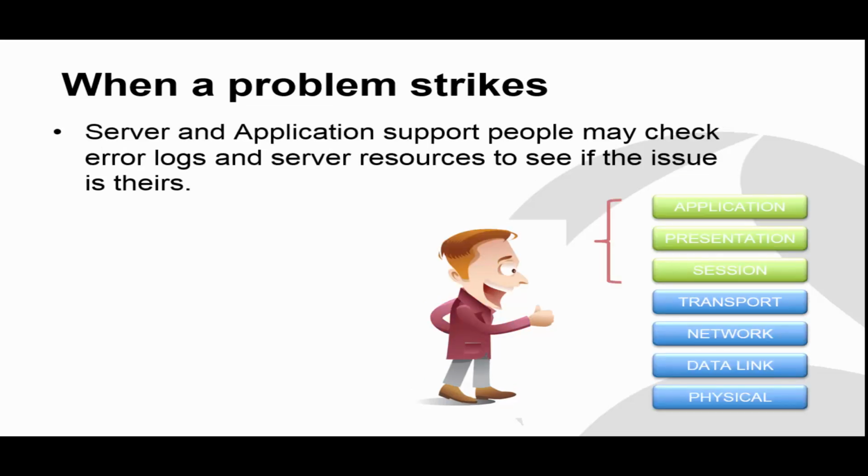Now the opposite, if we're from the server and app side of the house, our responsibility is keeping the applications up and running, making sure they're configured properly, bringing up servers. Well, I would say that my responsibility, I'm in the upper layers. The network, once it leaves my server environment, it's on the network, it's not my problem.